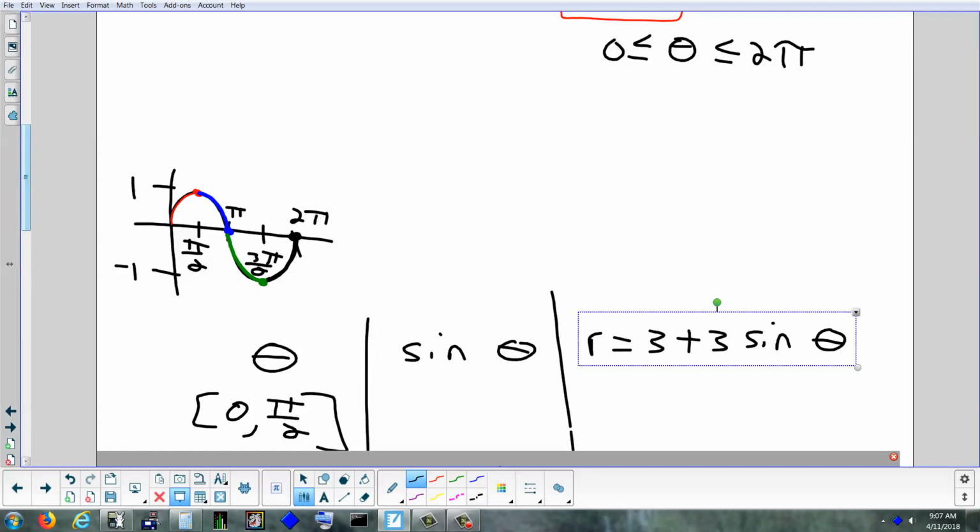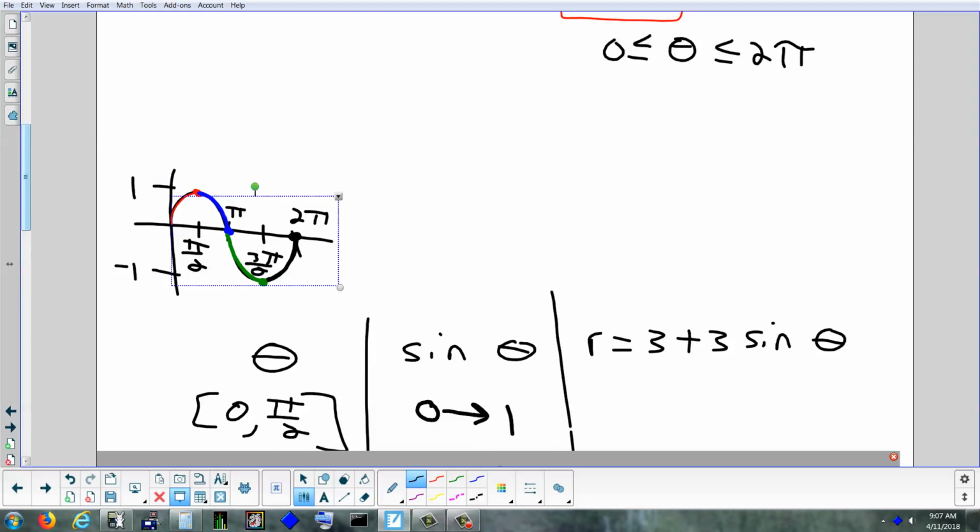What's happening to sine as the angle goes from 0 to pi over 2? What's happening to my sine value? It's starting somewhere, and it's ending somewhere. Yeah? Starting at 0. It's going to 1. So as the sine function moves from 0 to pi over 2, your value of sine goes from 0 up to its highest, which is 1.